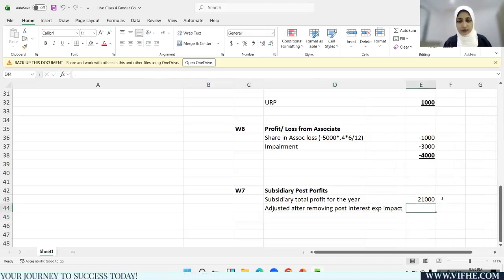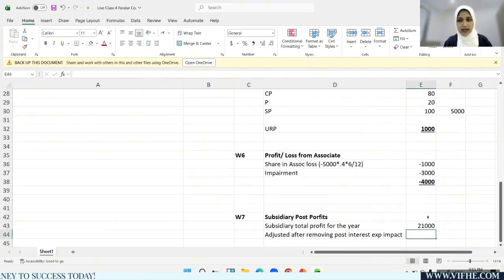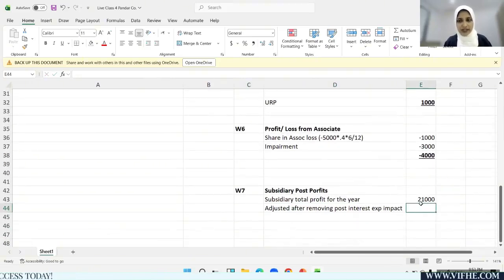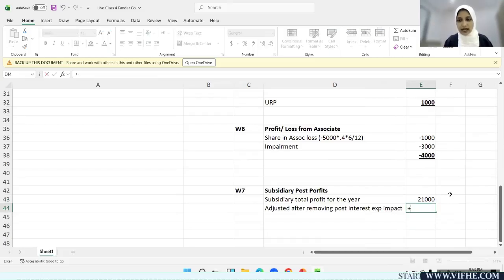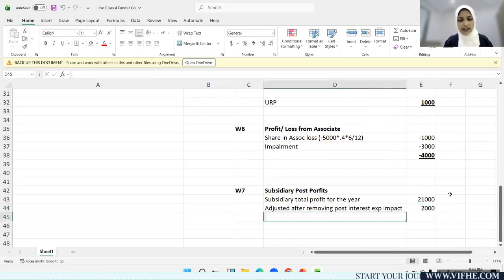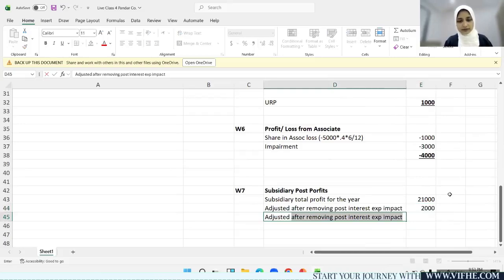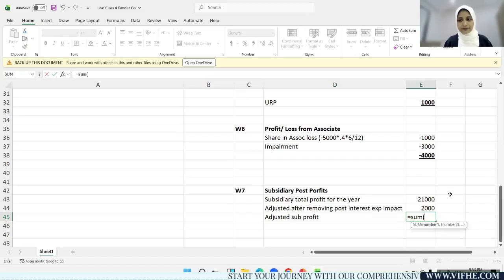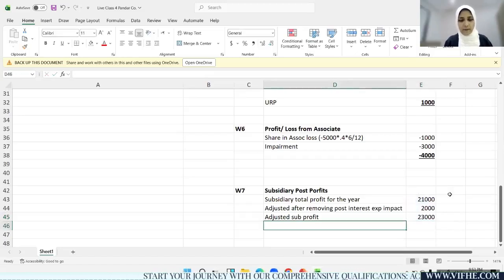If I have to remove the post interest expense impact, I won't minus, I'll add, because you must have gotten 21 million by minusing the interest element. I want to remove the impact, so I'll add back. So the adjusted subsidiary profit is 23,000.